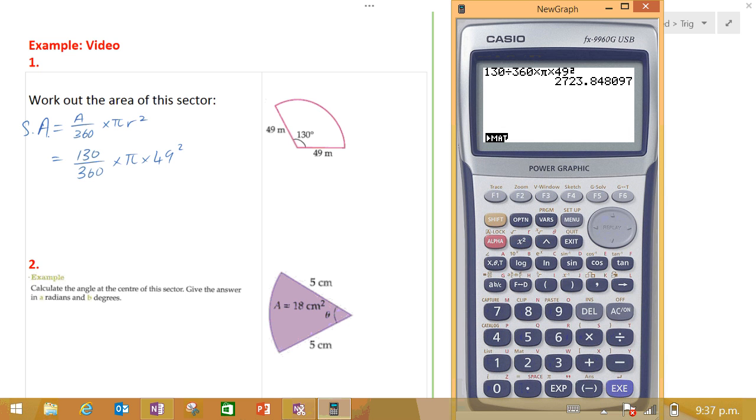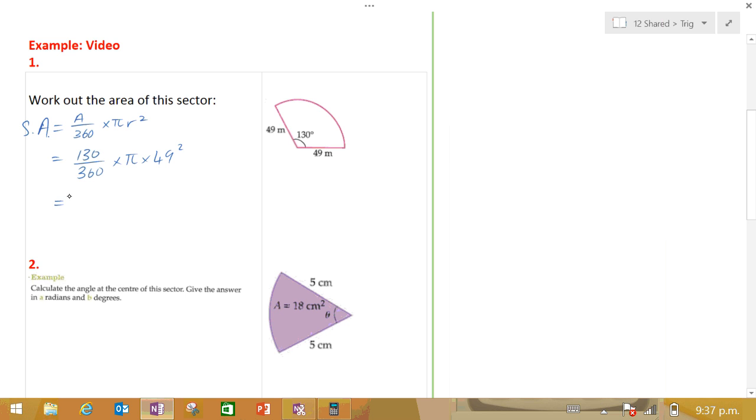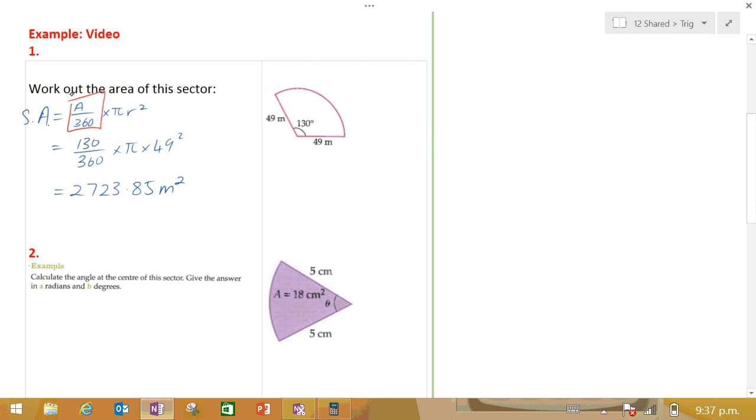That gives us 2,723.85 meters squared. Okay, pretty straightforward all in all. No different from what you're doing with this sort of stuff in year 9 and 10, except that this time you have that added bit of the sector area.